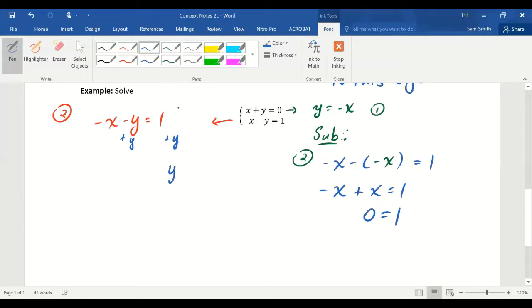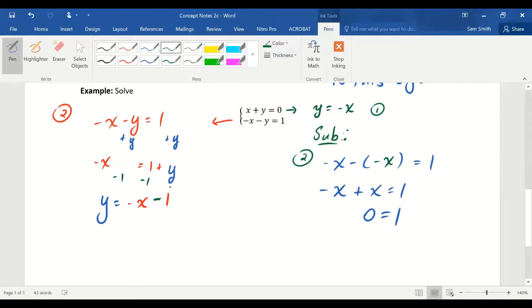Now I have y plus 1 equals negative x. And then I want to isolate y, so I'll get rid of that 1 by subtracting 1 from both sides. And I have y equals negative x minus 1.